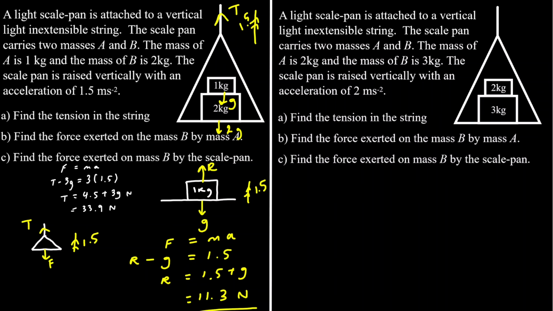So F equals ma, the tension is 33.9, minus this force equals mass, which is 0. The scale pan's got no mass, so 0 times 1.5, which is 0, which means the force has to be equal to the tension, so it's 33.9 newtons.